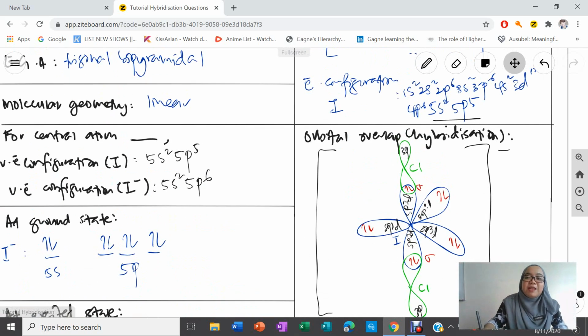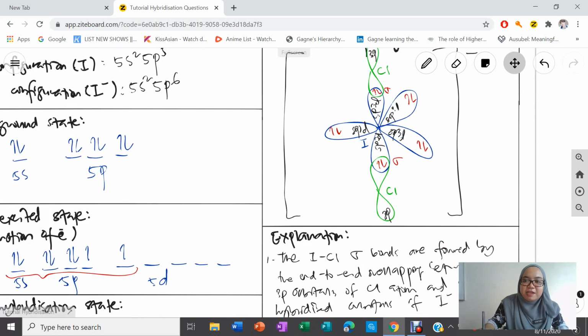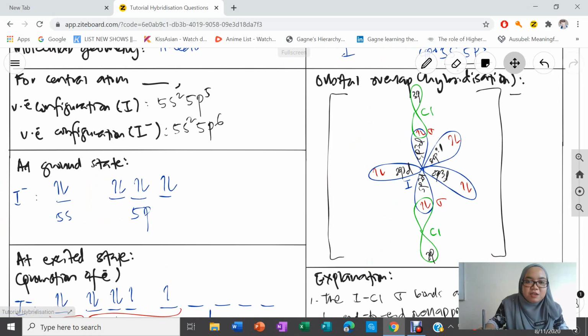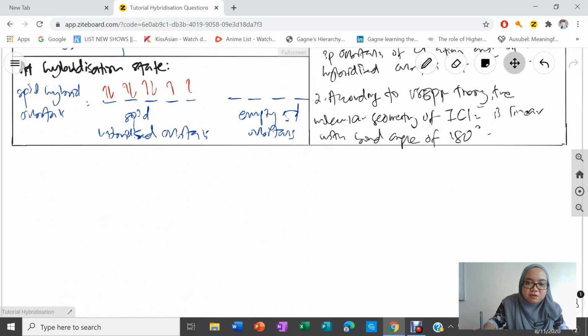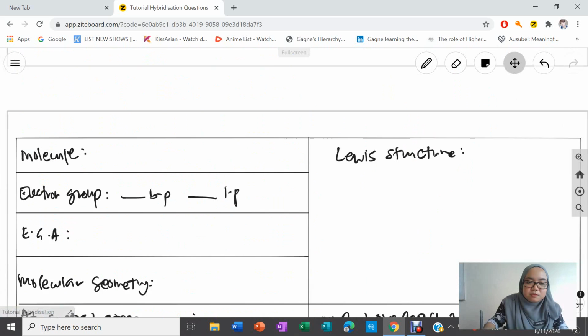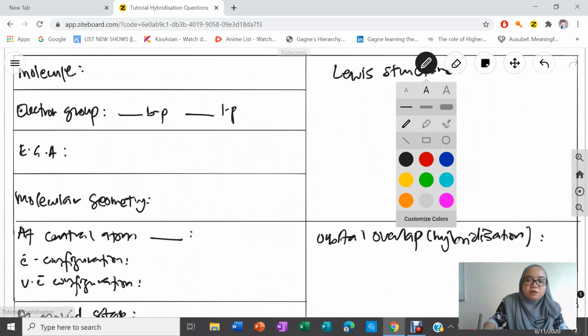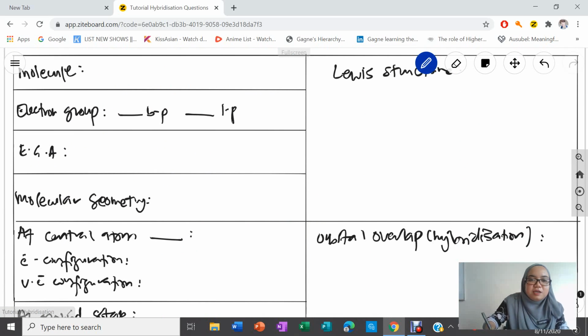ICl4 plus. Okay, just now was minus, this is plus. Just now was negative ion, this is positive ion. So, the molecule is ICl4+. So, if you draw its Lewis structure, it will become like this.